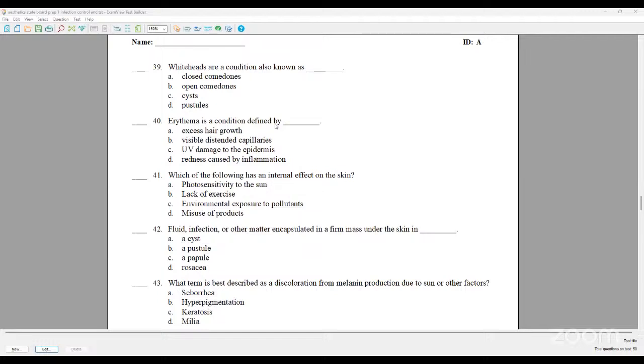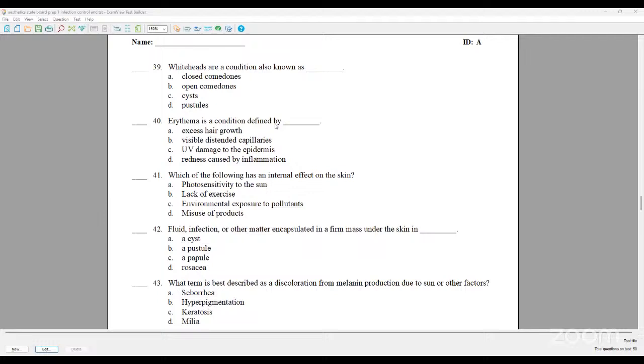Photosensitivity to the sun, lack of exercise, environmental exposure to pollutants, or misuse of products? So I'm gonna say C. It's either A or C. Let me just look at the question.